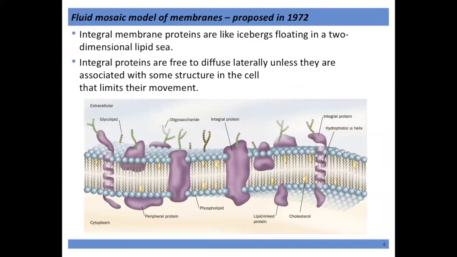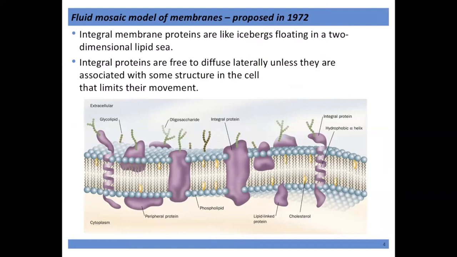And so this is the fluid mosaic model. So instead of everything being fixed in the bilayer, things are able to move. And so one way to think about that is that these integral membrane proteins, those that are buried within the membrane, are like icebergs that are floating in a two-dimensional lipid sea. Sounds poetic.